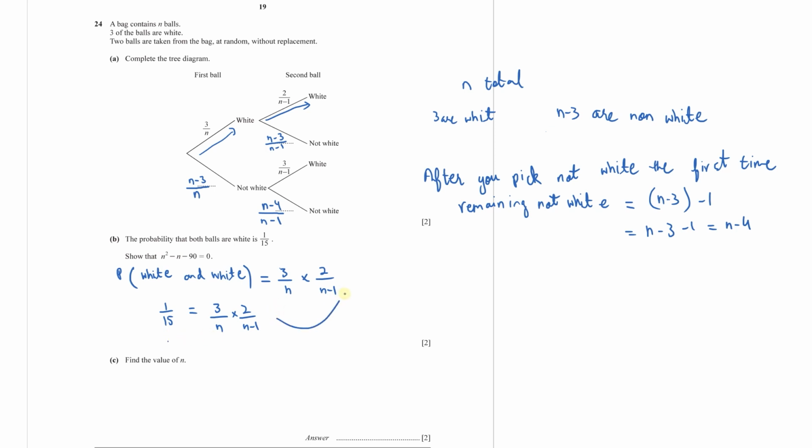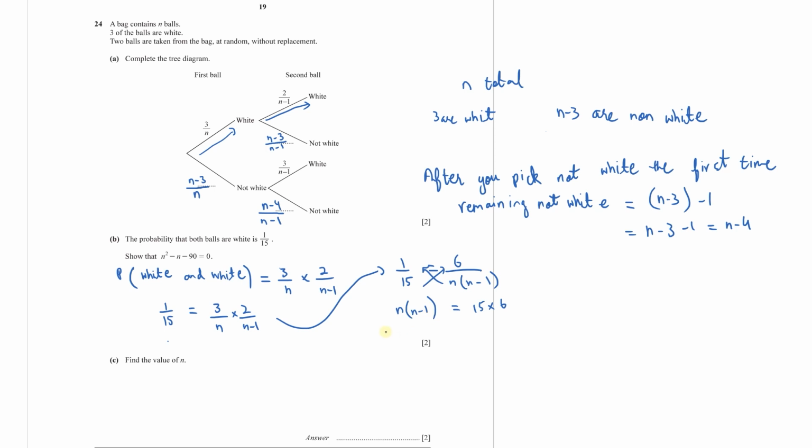So let me just continue it up here. So 1 by 15 equals to, if I multiply these two terms, I multiply the numerators, 3 times 2 is 6 over n times n minus 1. Now if I cross multiply here and here, n into n minus 1 equals to 15 times 6.